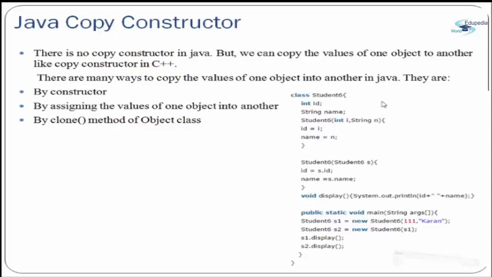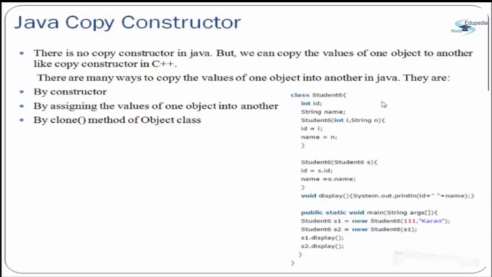So you can see what it is doing. It is actually copying the values from the object s that we are passing to the object that we are creating. Fine. In the main method we have created one object s1 with the values 111 and Karan. So object s1 will be created according to the first constructor where we pass the arguments. Then we create another object s2 and in this constructor we pass the object s1.